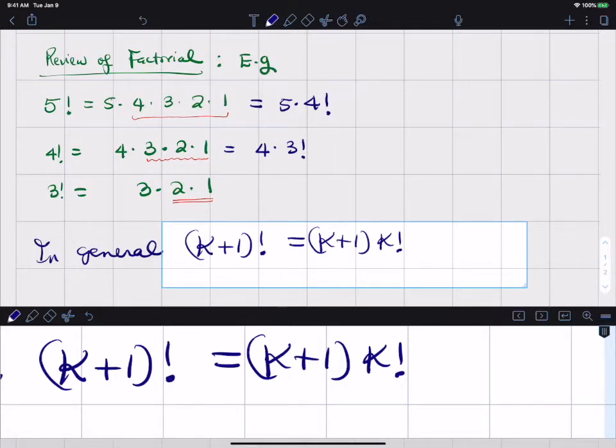How many of you have seen the notation of factorial before, the concept? How many of you have studied it before? Okay, good.